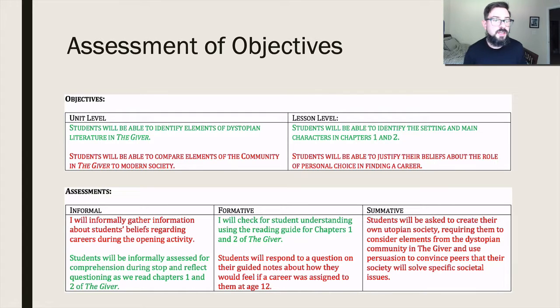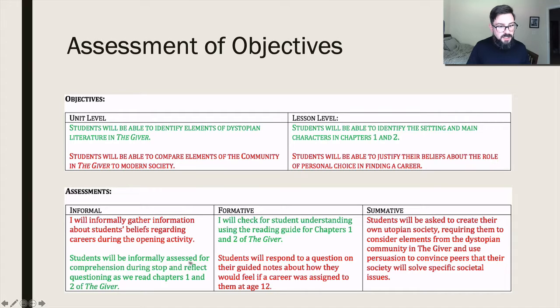As we look here, we have our objectives again. We've already talked about these for The Giver. And as we look at assessments, we have our informal, our formative, and our summative. I've color-coded again. The red goes with the unit level objective here and the lesson level objective here. The green goes with the unit level objective here and the lesson level objective here at the top. Informal assessments could be informally gathering information about students as they do their opening activity about careers.